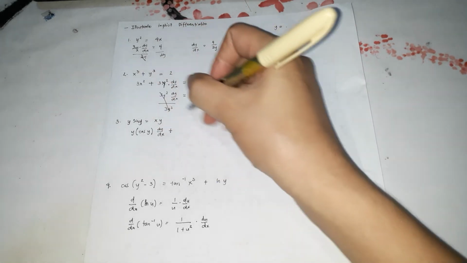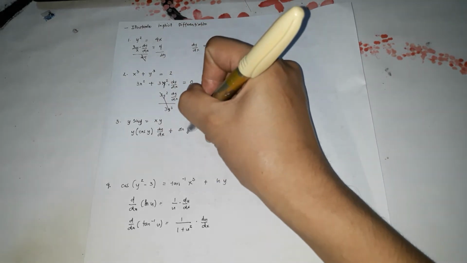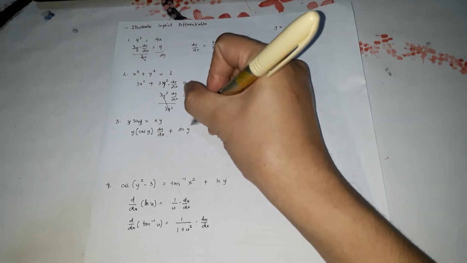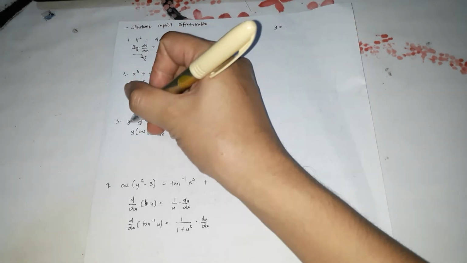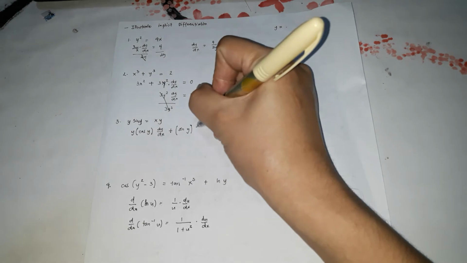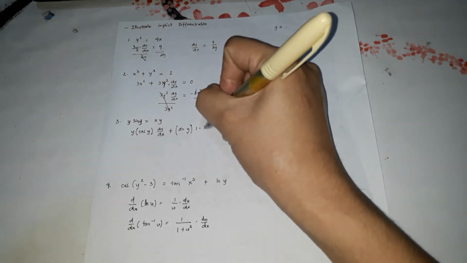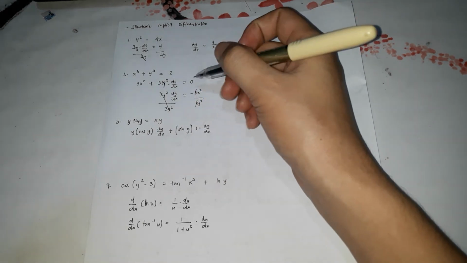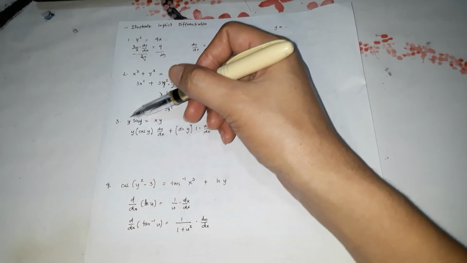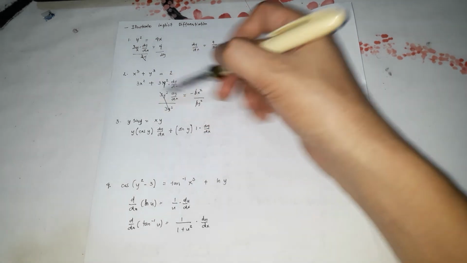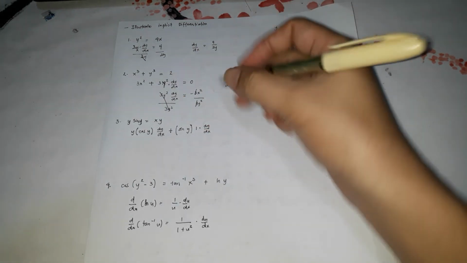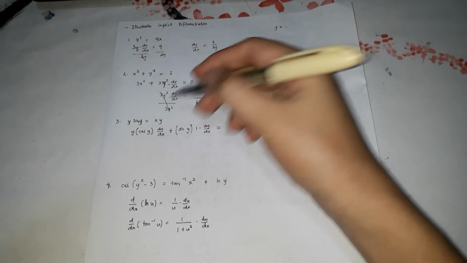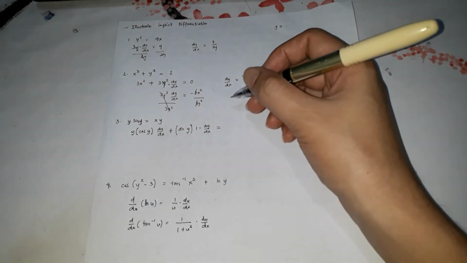Plus, ang sine y naman ay kopyahin mo, product rule. Tapos, hanapan mo ng derivative si y. Y siya, so ibig sabihin 1 times dy over dx. Again, pag may y yung hinanapan mo ng derivative, lagyan mo palagi ng dy over dx. Next, xy. Use still product rule.